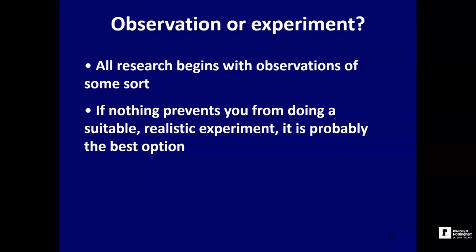And for this reason, if you have the choice going into a scientific study between an observation and an experiment, overall, on average, it's more informative to do an experiment than it is to do an observational study.